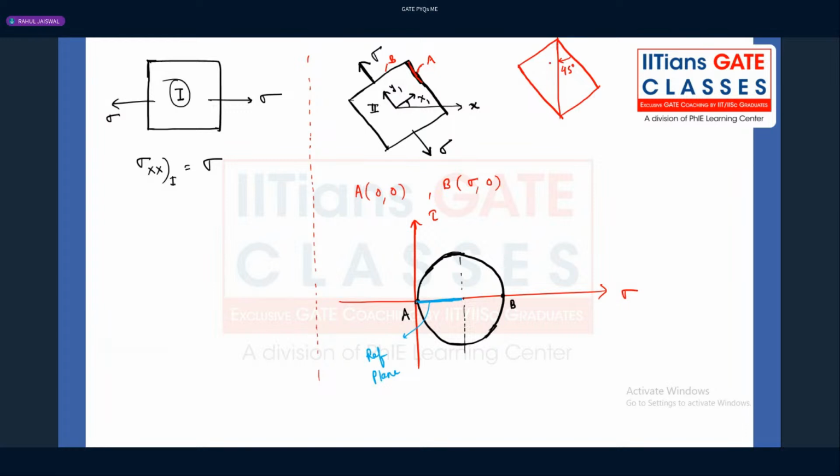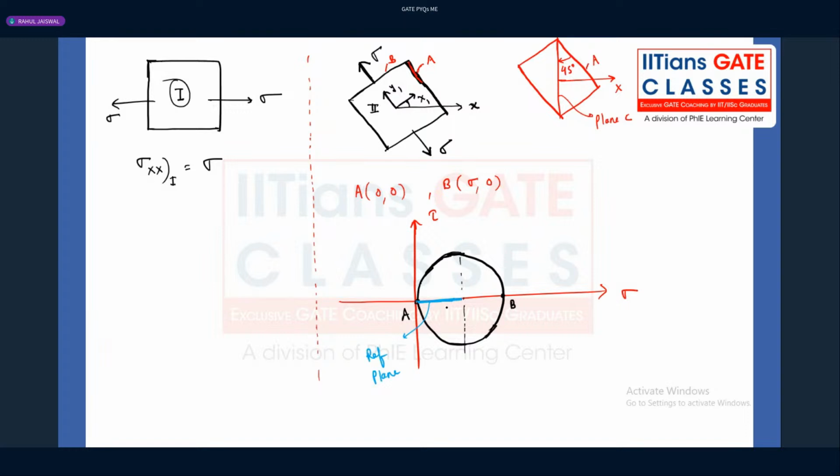It's 45 degree clockwise. Because corresponding to this plane, this is the axis X. So now this is the reference plane A. From the reference plane A, at which particular angle is this plane oriented? This plane I'm calling, let's say, plane C. Plane C is oriented at an angle of 45 degree clockwise.